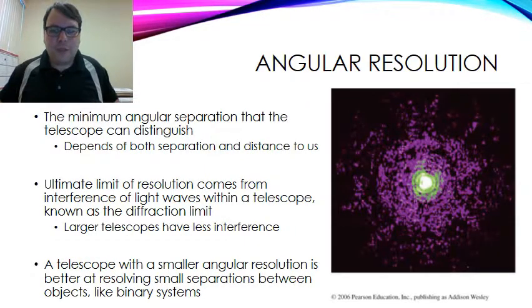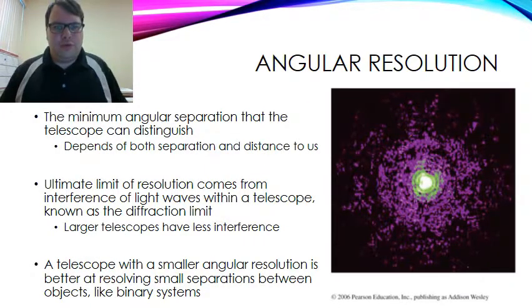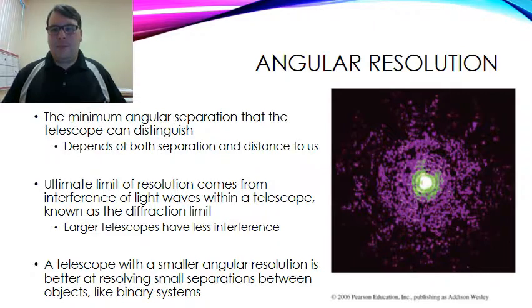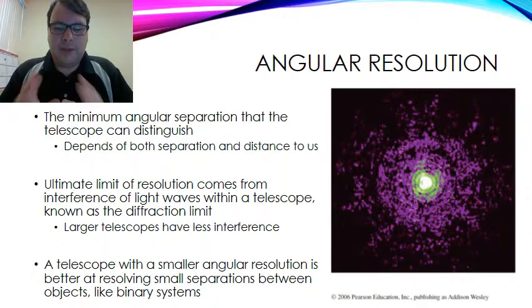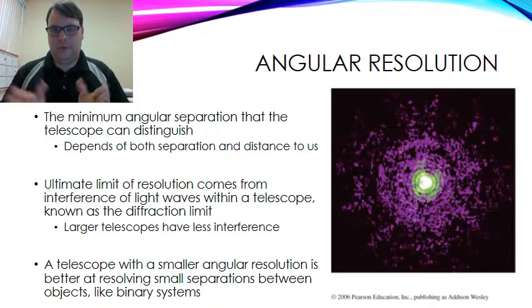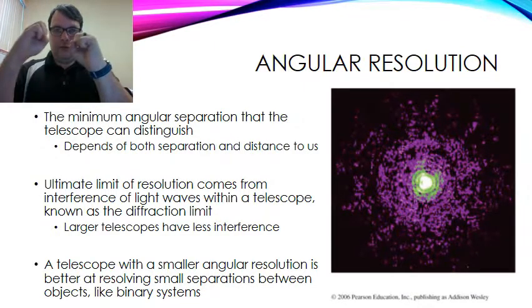So, let's talk about our angular resolution. Angular resolution is simply going to give us the minimum angular separation that a telescope can actually distinguish. What does that mean? That means if I'm looking at a binary star, for example, and it looks a little bit of a blob, just a single blob, my telescope does not have an angular resolution that is strong enough, if you will, to see two separate stars that are very close to each other.